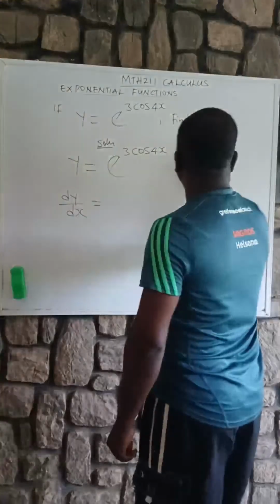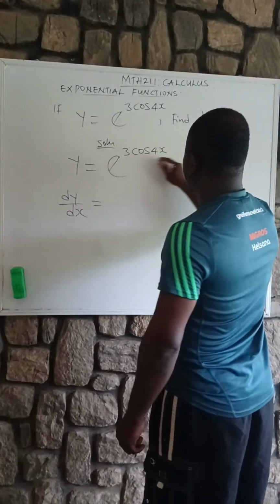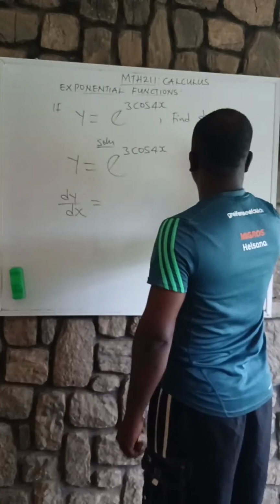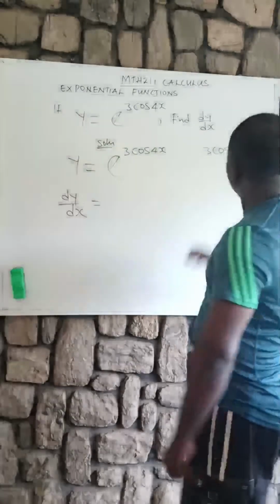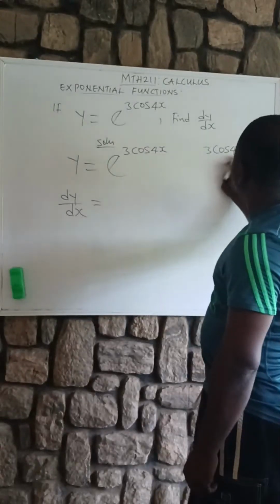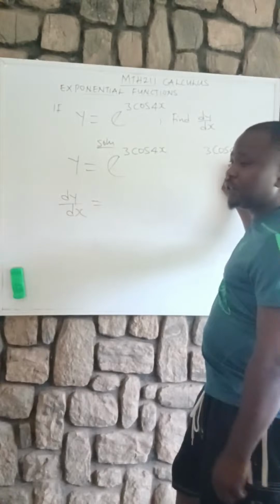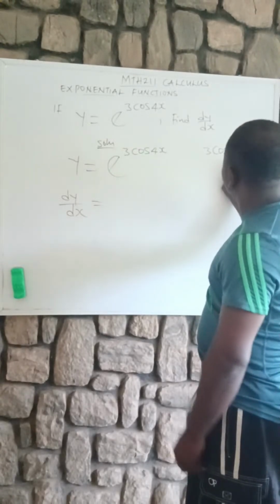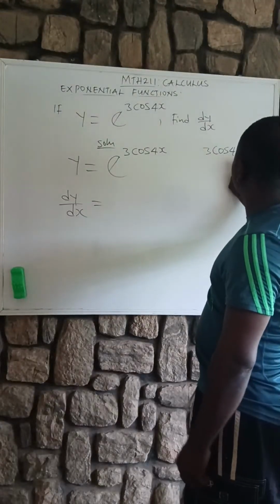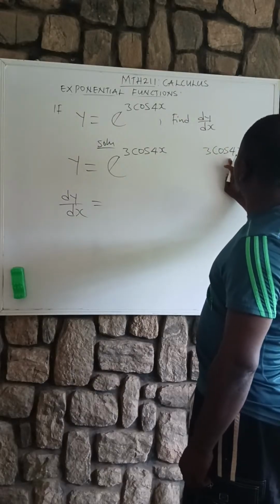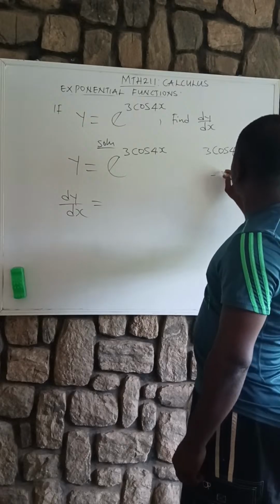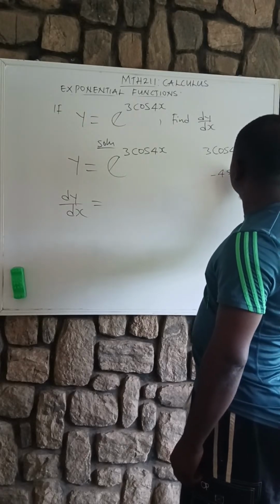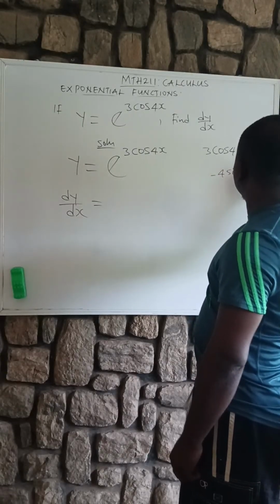Just look at it and concentrate on this function, 3 cos 4x. If you differentiate cos x, you are supposed to have minus sine x. But here we have 3 cos. Then if you differentiate cos 4x, you are supposed to have minus 4 sine 4x, true or false?